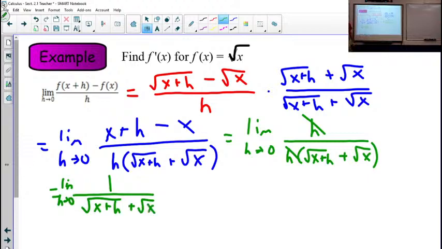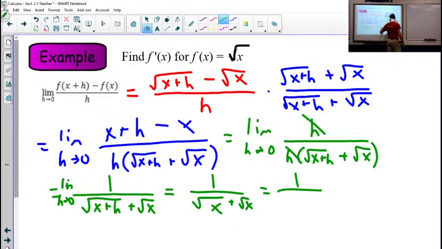Which means that now we can plug in 0 for h. 1 over the square root of x plus 0, which is just the square root of x, plus the square root of x, which is 1 over 2 square root of x.